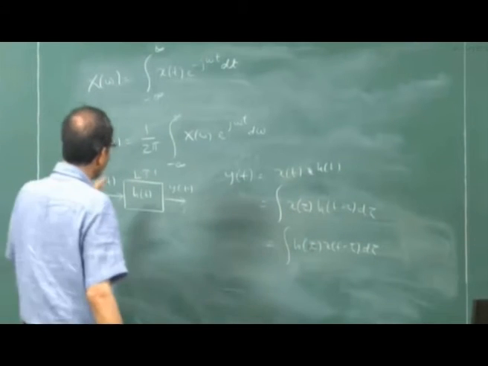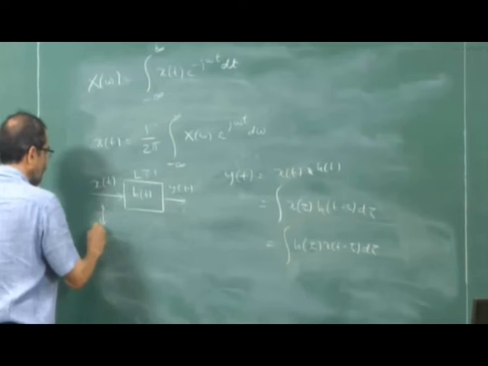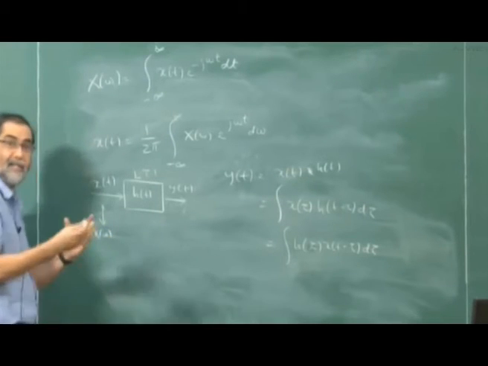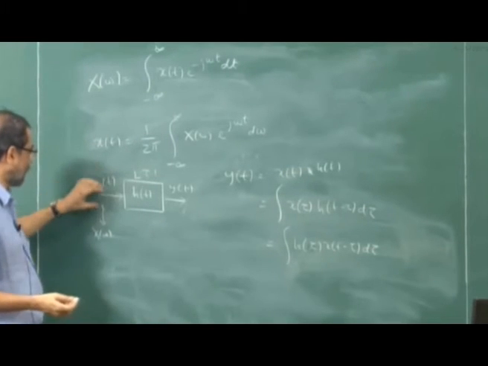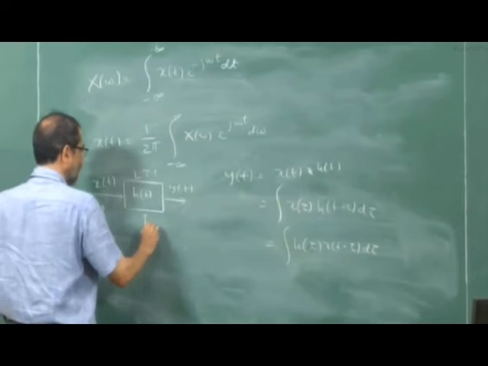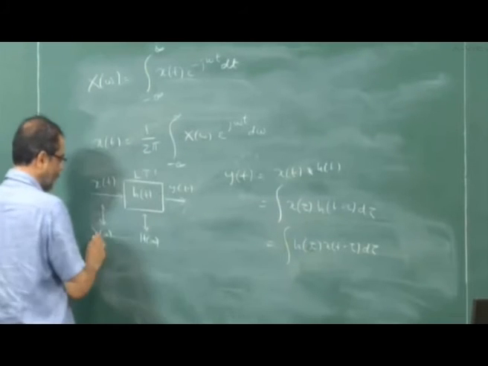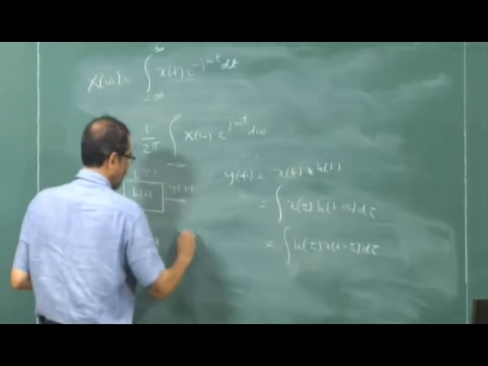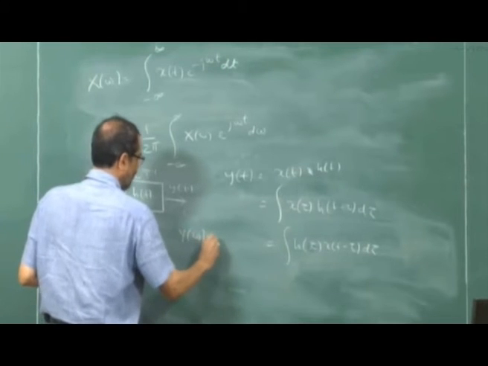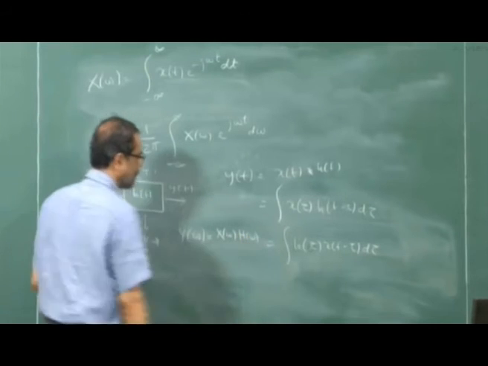So what the convolution property says is, you find the individual Fourier transforms, assuming they exist. If x of t, you take the Fourier transform, call it X of omega. Take h of t, find its Fourier transform H of omega. Then the product, right? Then Y of omega is simply X of omega times H of omega.